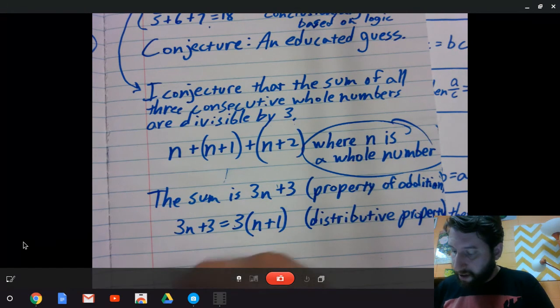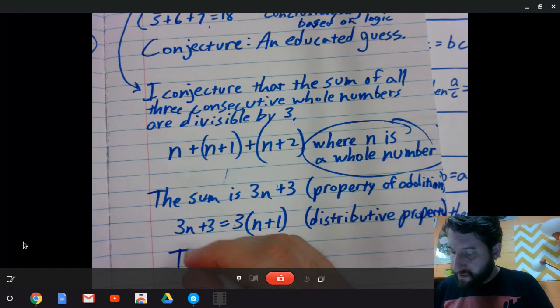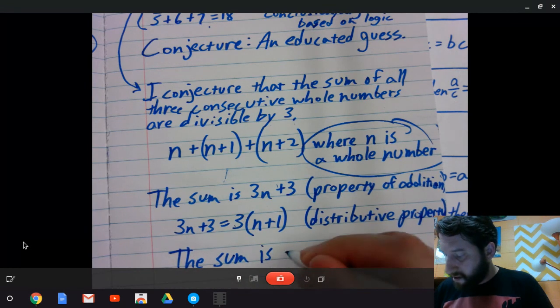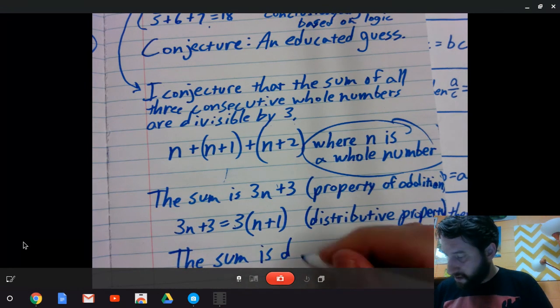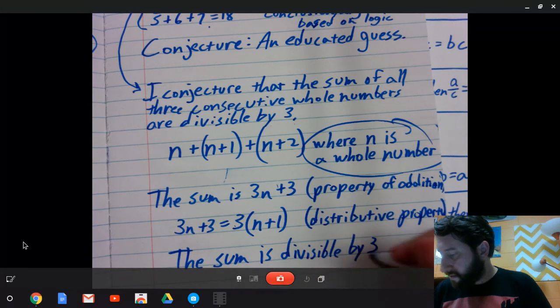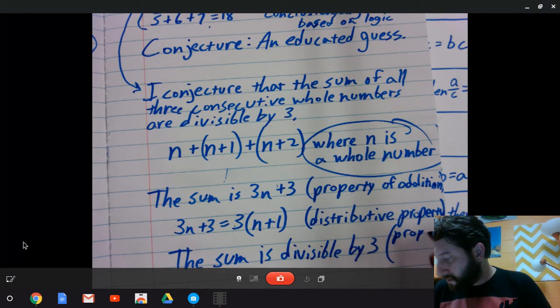And now, okay, so the sum, and I don't know if you see this or not, the sum is divisible by 3. I'm just going to say property of division. But let me show you where I get this from.